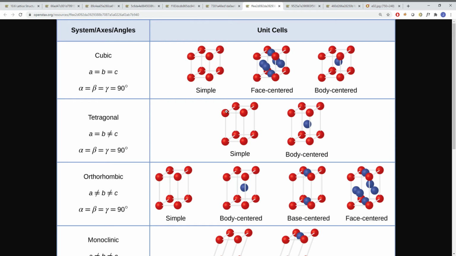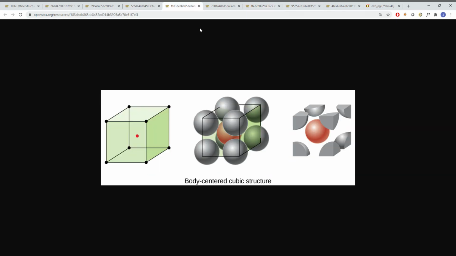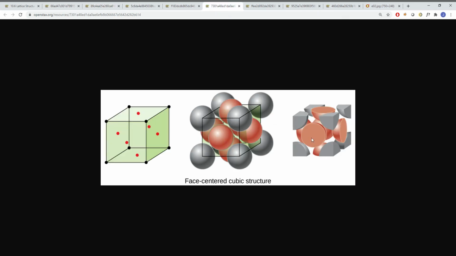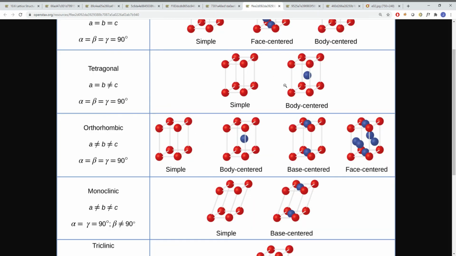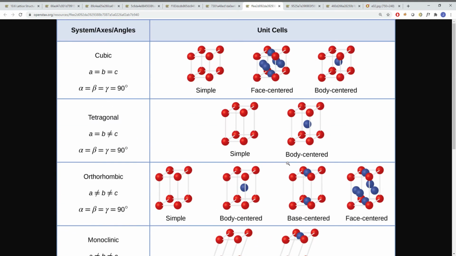It's just what type are you looking at? Okay, let me be clear about that. So you see this and you go, oh, that's body-centered cubic. You see this, you go, oh, that's simple cubic, and then, oh, that's face-centered cubic. Okay, that's all I'm looking for. And there are a few other options, but we're not going to worry about that too much.